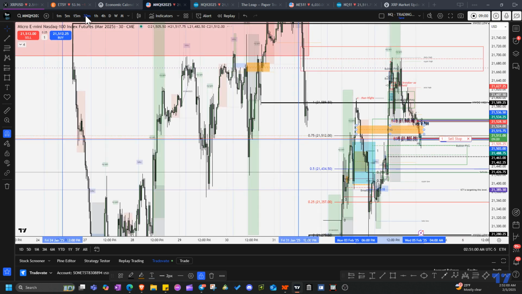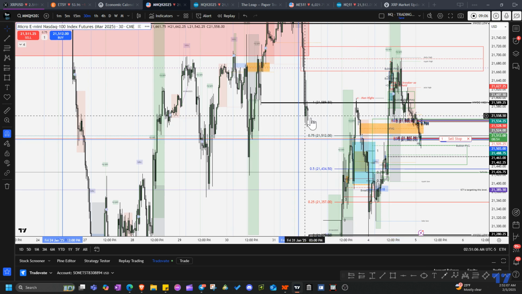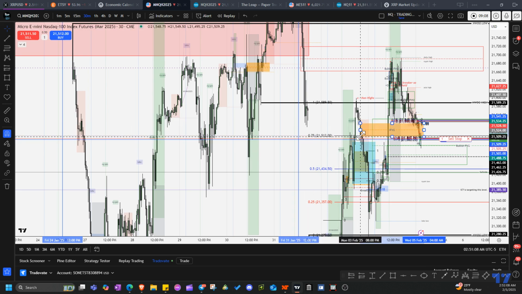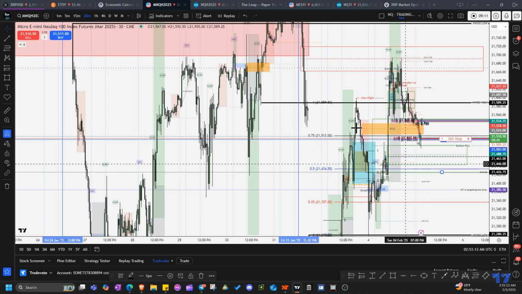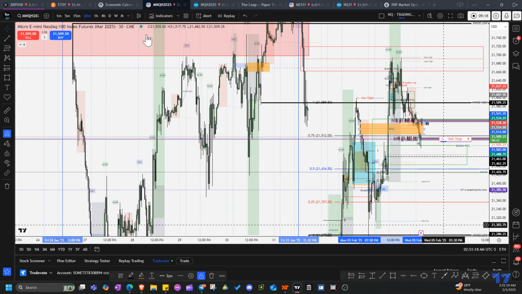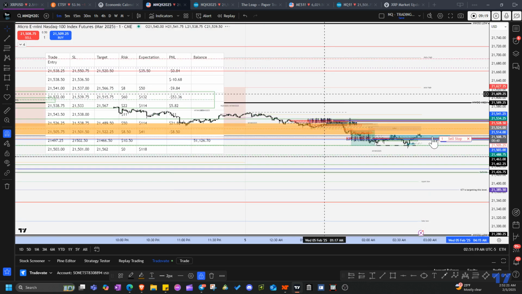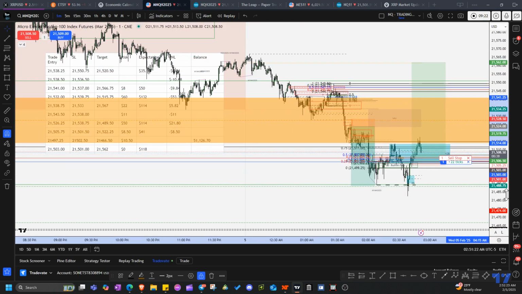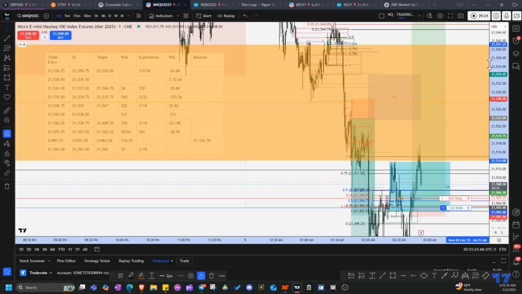Let's just go to 30. What I want to do is just fix it a little bit. And I don't know if it's gonna go, but you guys can see it's retracing back into that area.